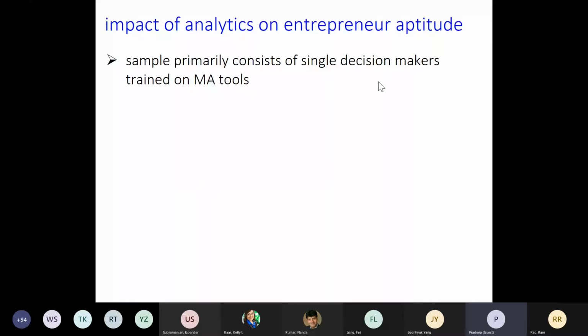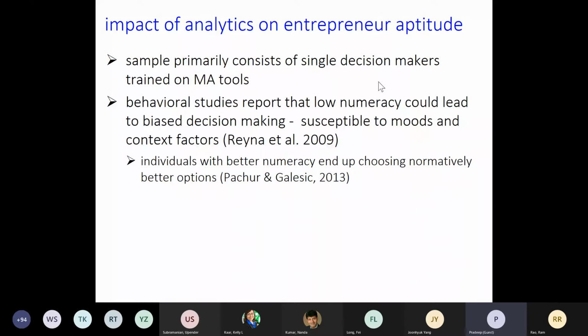Okay, so again, as I said before, the reason we might be able to do this is because of the presence of single decision makers. And there is theoretical research which suggests that low numeracy could affect the way the individual makes decisions.